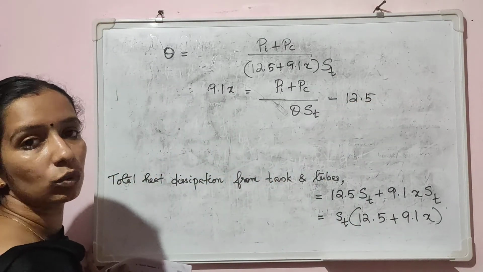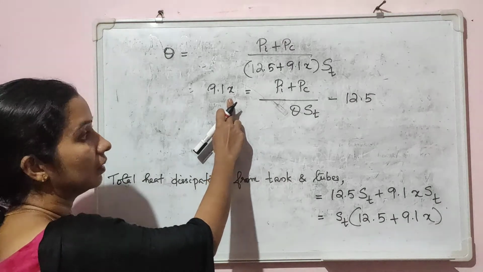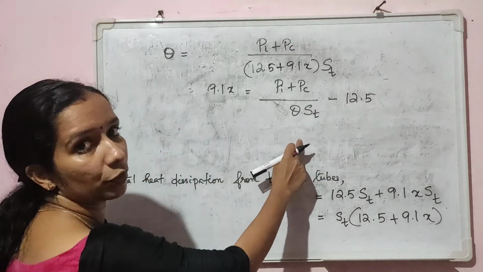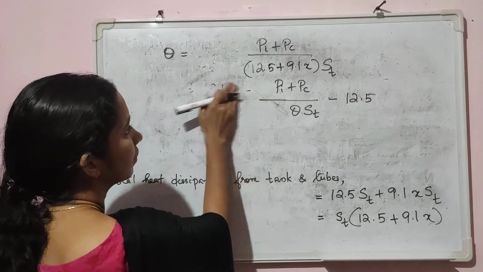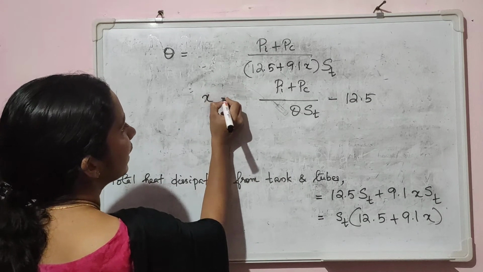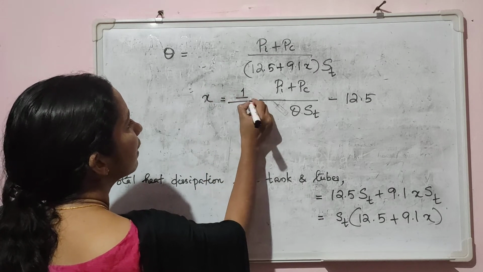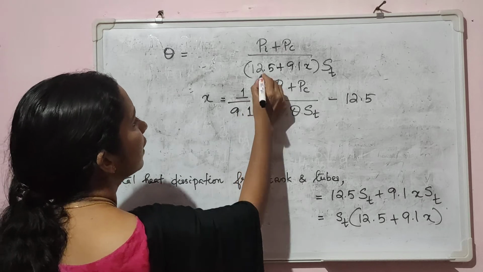Okay, now what's the value of x? This term divided by 9.1. That is, x will be equal to 1 divided by 9.1 into this term.